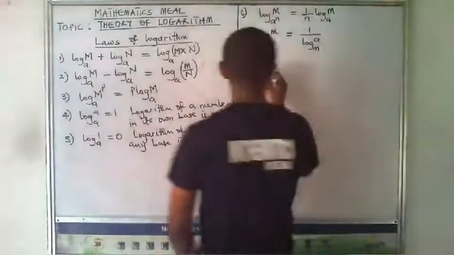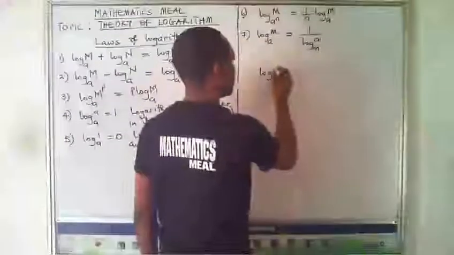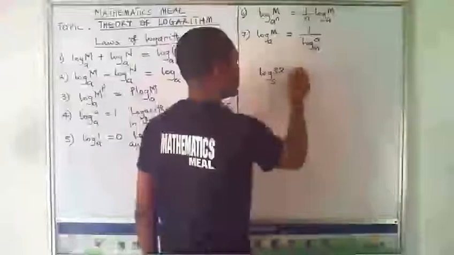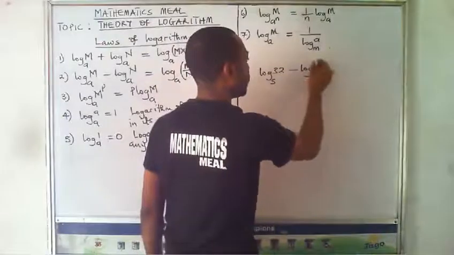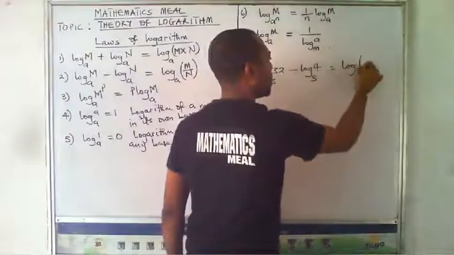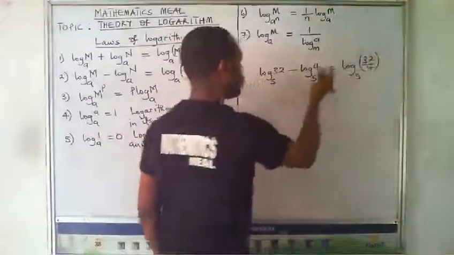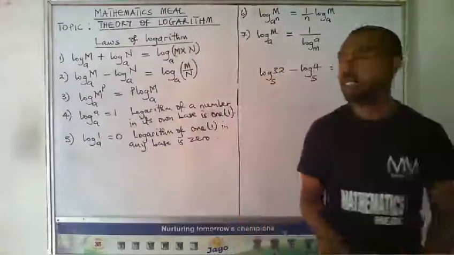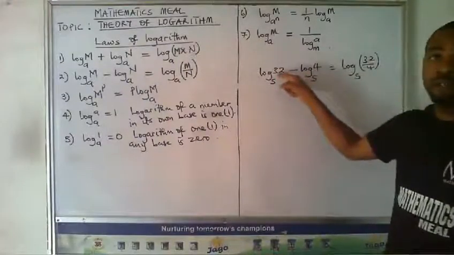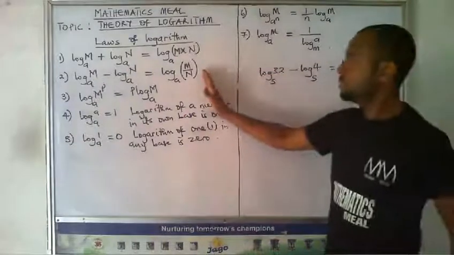So if I have log 32 base 5 minus log 4 base 5, this is going to give me log 32 over 4 in base 5. So use the number in the second logarithm to divide the number in the first logarithm.